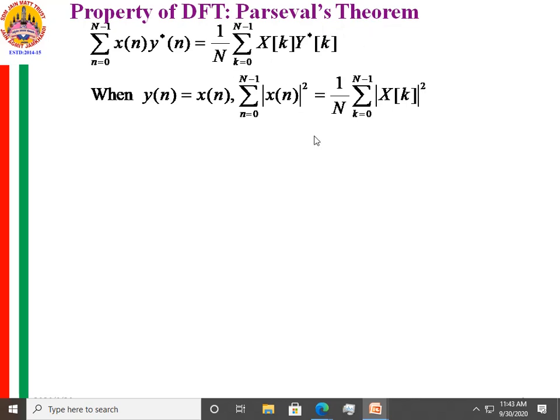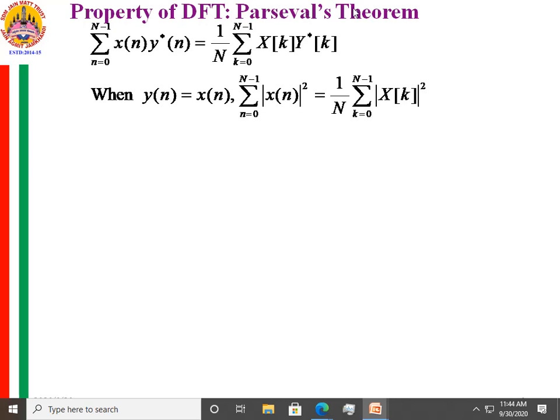Because if you observe the expression, the left hand side of the equation, the summation n from 0 to N minus 1 of magnitude of x(n) square, gives you the energy of the signal x(n). So this is energy in the time domain and this is the energy in the frequency domain, and the energies of the signal are directly related by this equation. Therefore this theorem is also called Rayleigh's energy theorem.